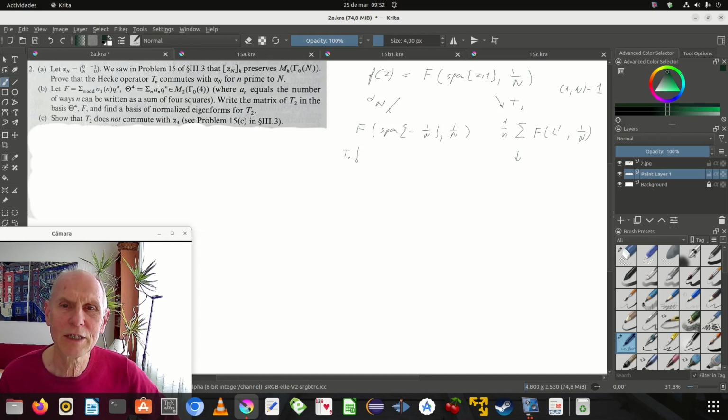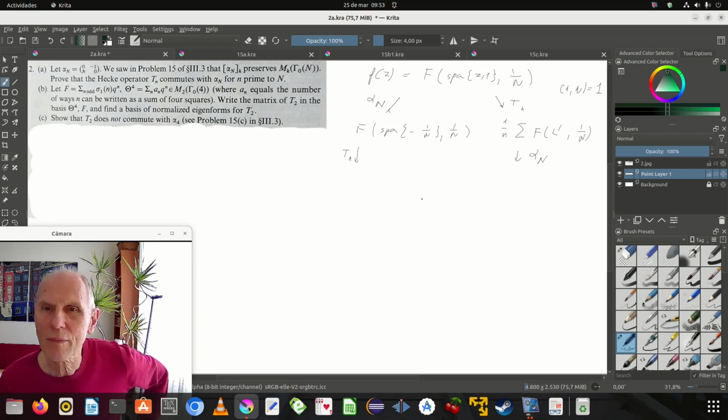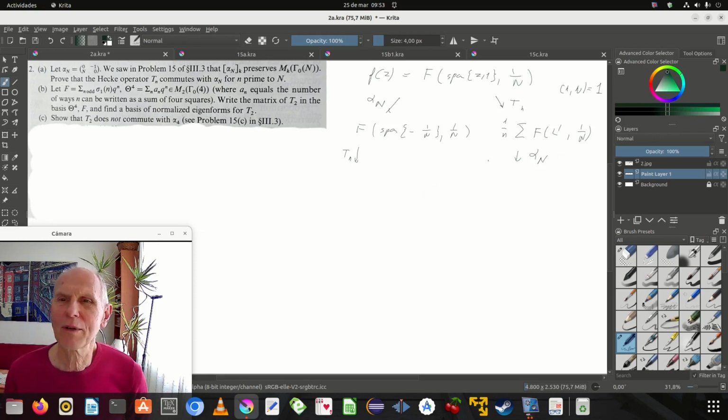here apply Tn, and here apply alpha n to each of these. But then we need to find out what alpha n actually does. Oh yeah, that just does this.